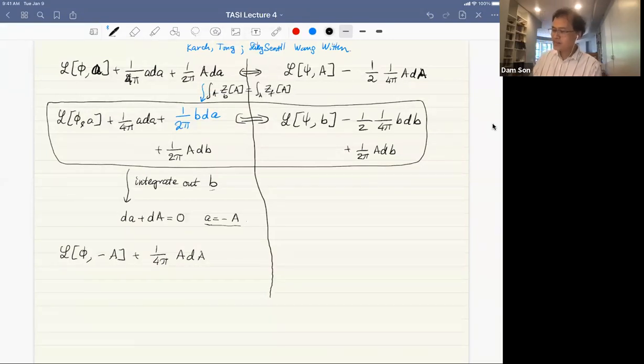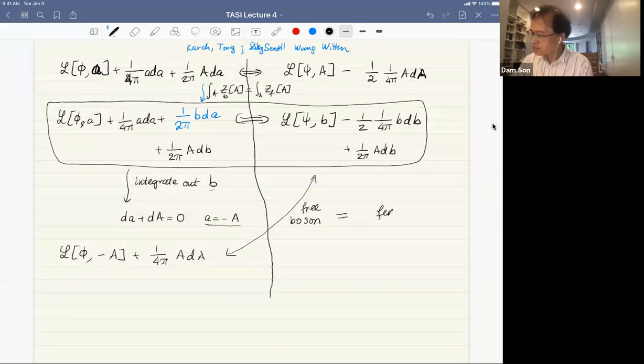And so we get a new duality. Basically, it says that a free boson is equal to a fermion coupled to a Chern-Simons field. It's a reverse of the previous situation, where the boson coupled to Chern-Simons is a free fermion. Here we have a boson.